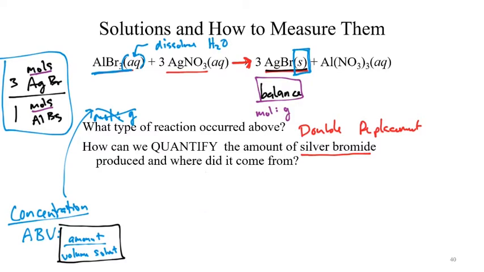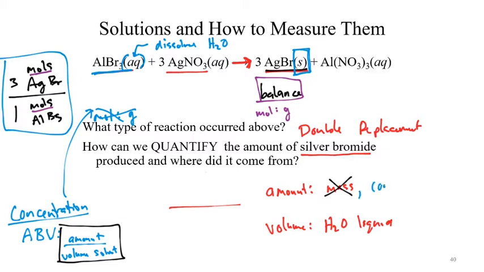We for sure need some kind of volume measurement because we're looking at water, and water was a liquid. And then we need some kind of amount measurement. Okay, and we just said that mass was a bad idea. So what other amount measurements do we have? We have a counting measurement.